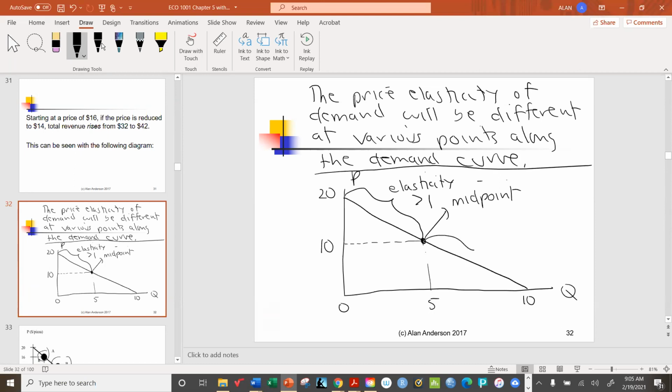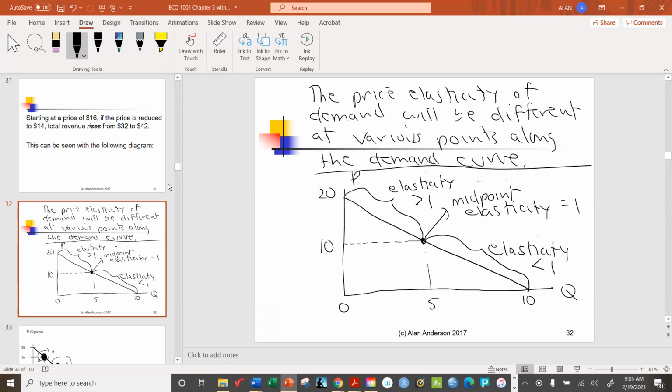Down here, the elasticity is less than 1. And exactly at the midpoint, the elasticity is exactly equal to 1. Now, why does that matter?